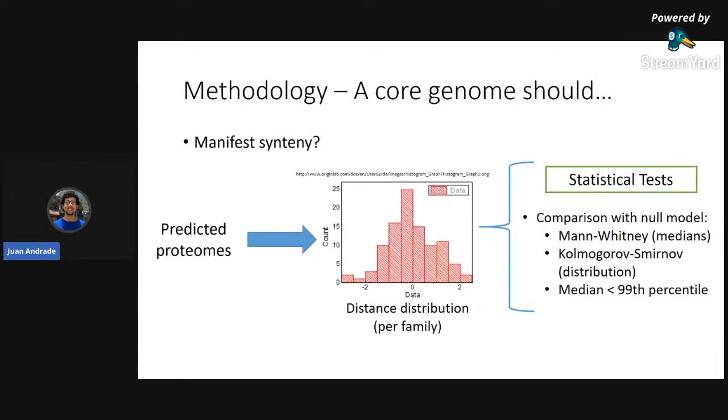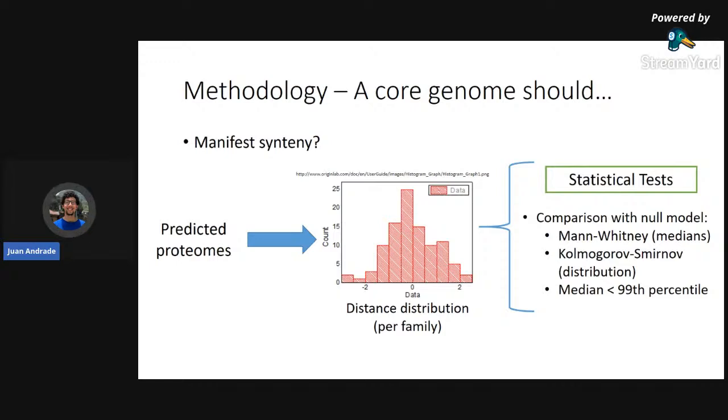The last thing that we wanted to do is that there is some evidence that the core genes of the family Herpesviridae, which, as I mentioned before, were previously defined, had some degree of synteny. So we wanted to see if the genes that are associated to these potential core genome proteins had as well some synteny, in the sense that they were clustered together in the Herpesvirales genomes.